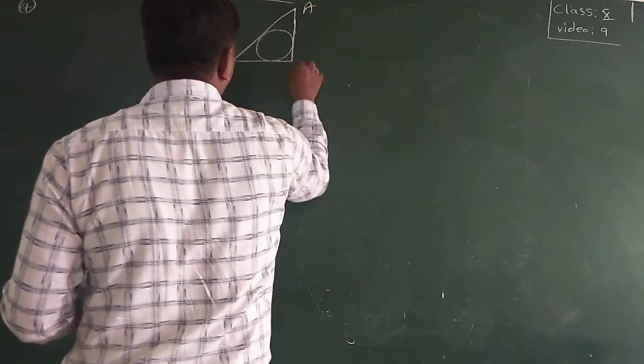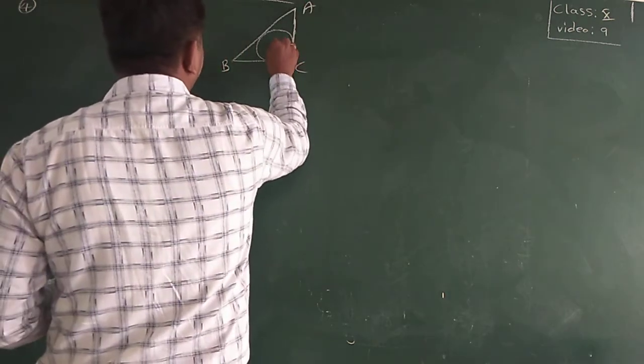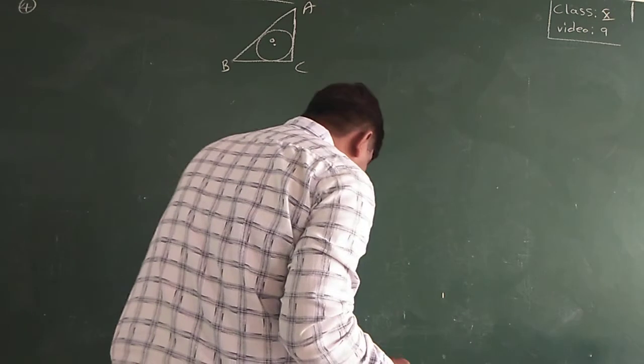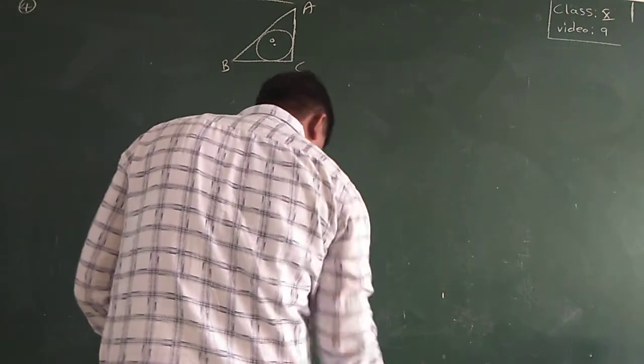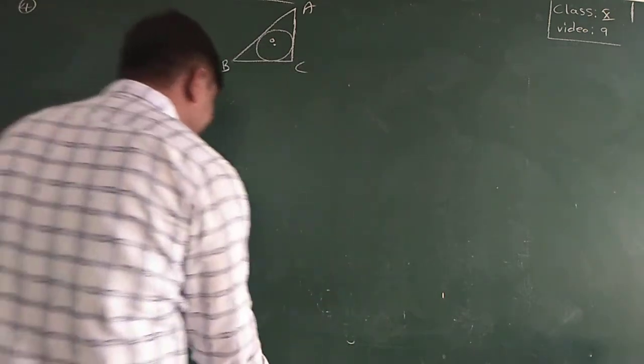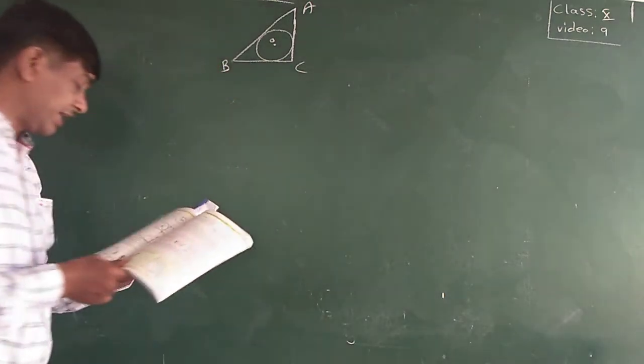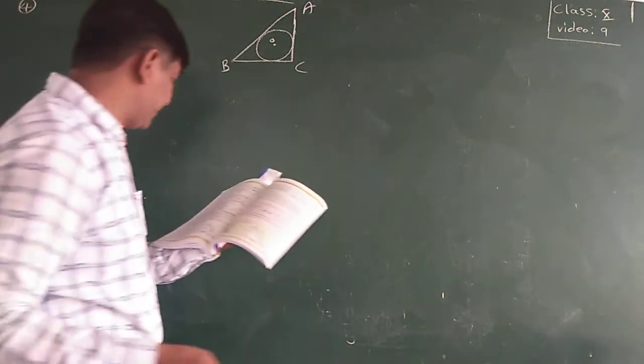ABC is a triangle circumscribing a circle whose radius is 3 centimeters. O is the center of the circle.